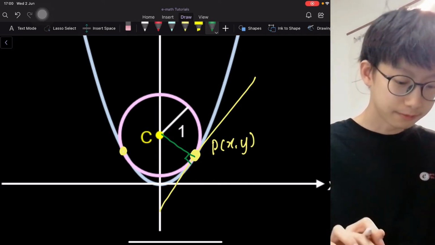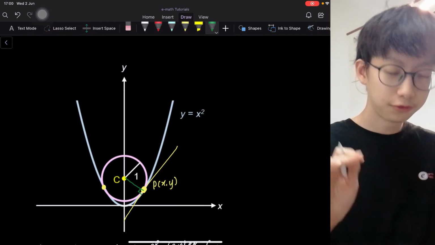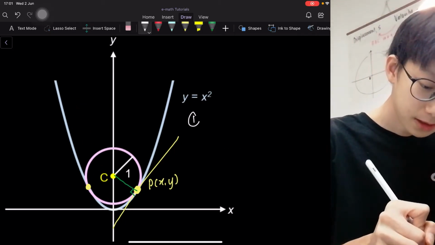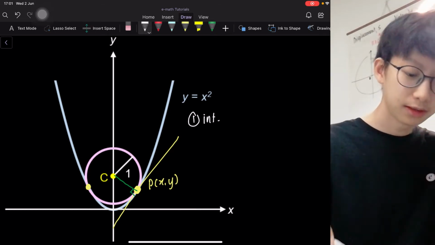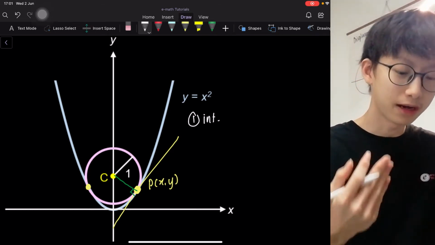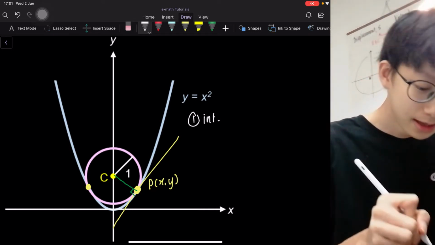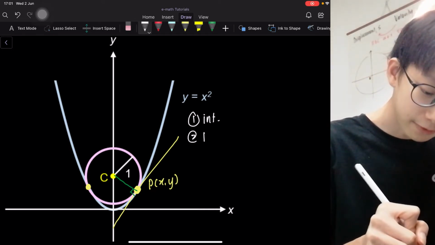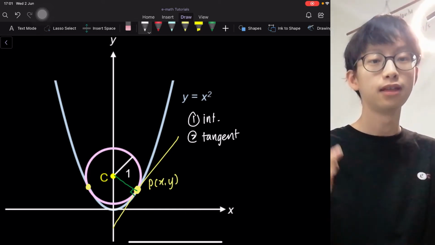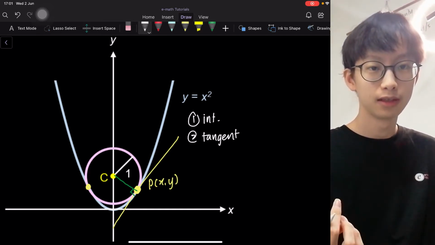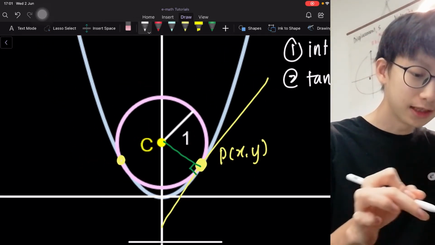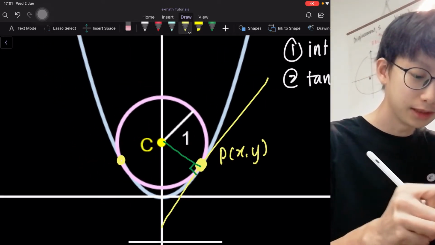So here's the thing. We have two things that we need to do. Number one is to find the intersection and express something in terms of some things, and we'll know what to find later, right? And number two, we want to find the equation of tangent for both of them and equate them together. But before we begin, let's give coordinates to the C here.